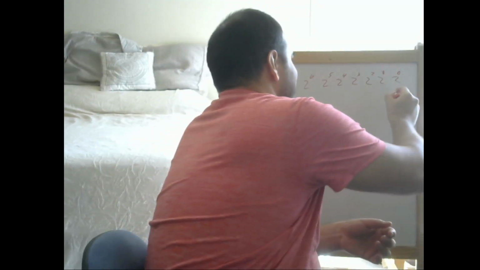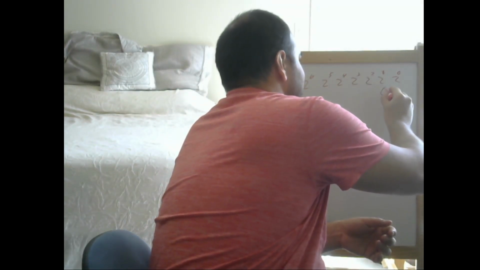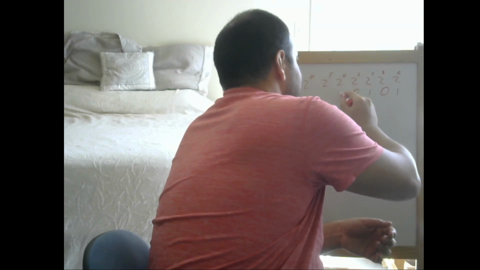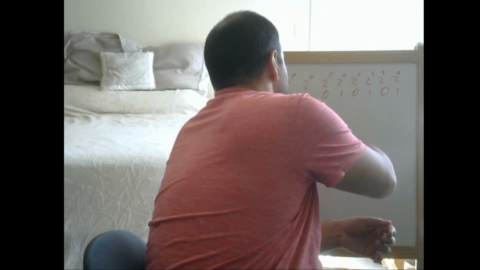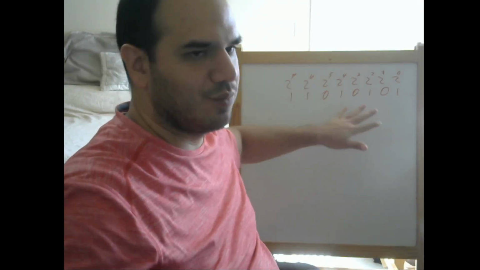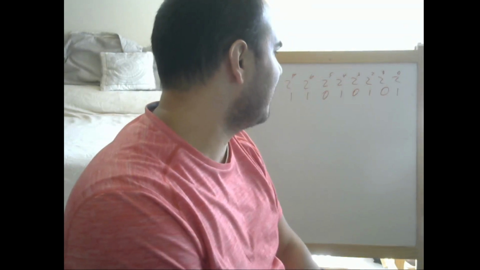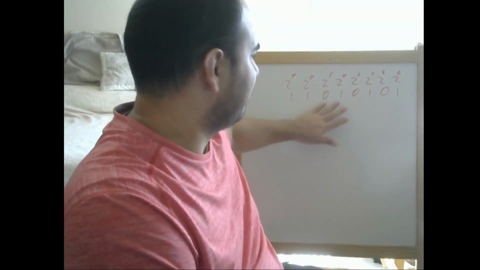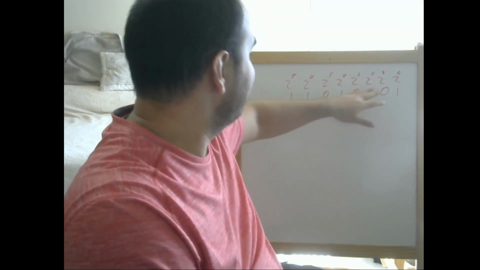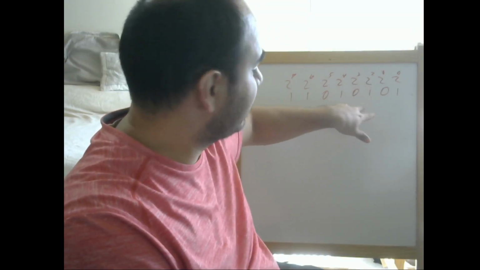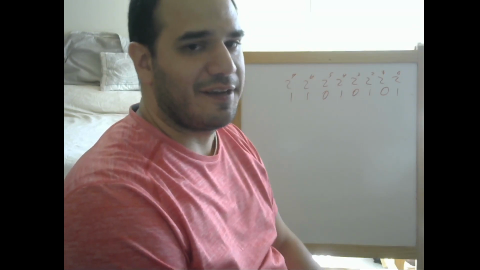Okay, so this is our base, right? And we're going to fill in the slots with some number. And it's all ones and zeros. Okay, so if we add it up like this, we have 8 bits, so 8 binary digits represented.